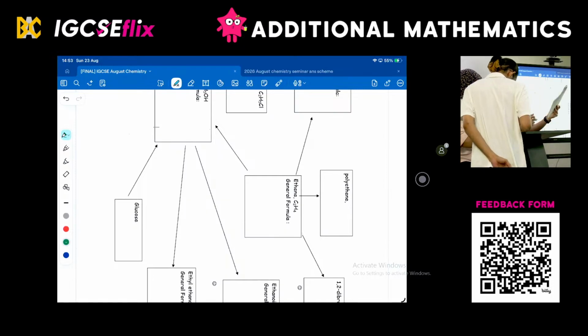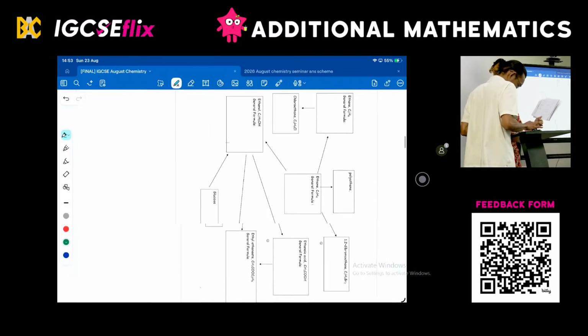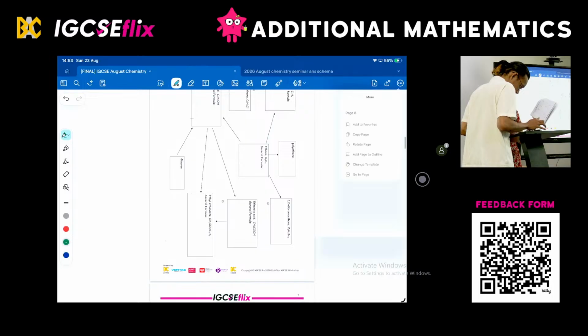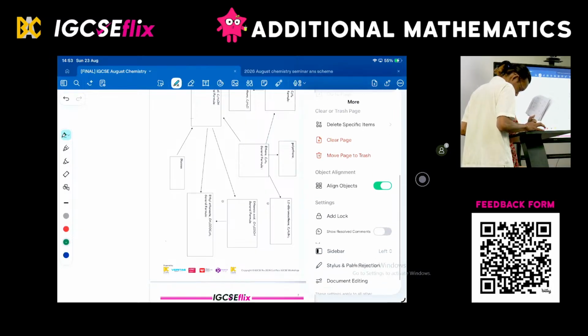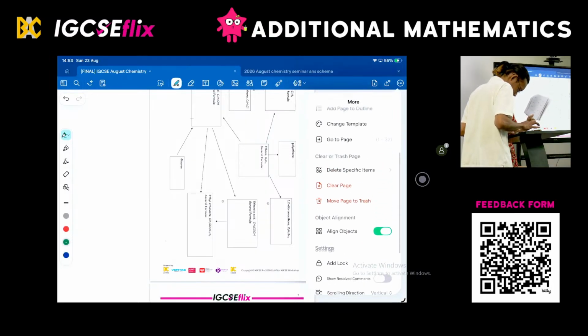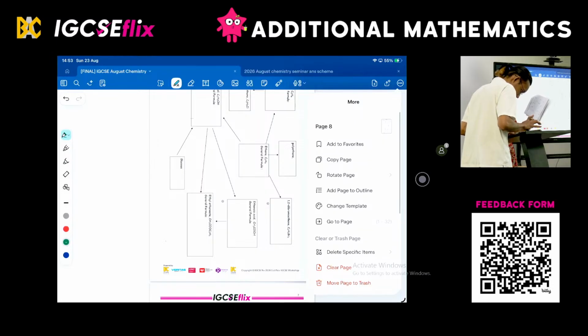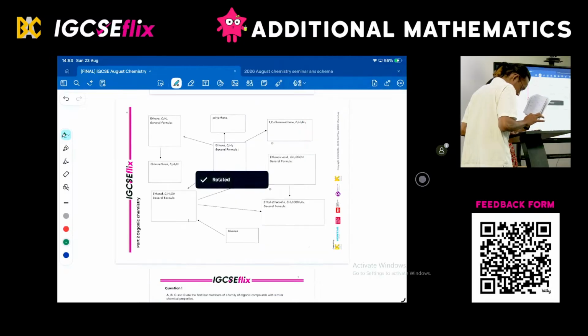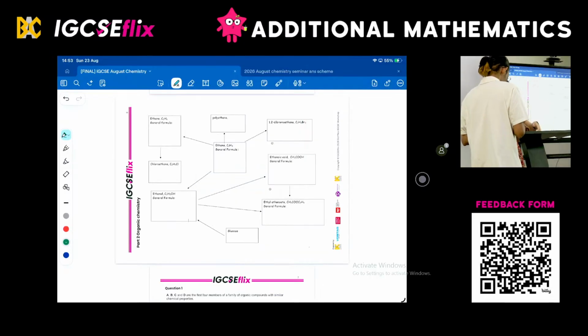Because they are going to look at it this way. Can I rotate the whole document? Just the whole document rotate first and then later I rotate back. It's okay. Doesn't matter. Yes, thank you. All right.